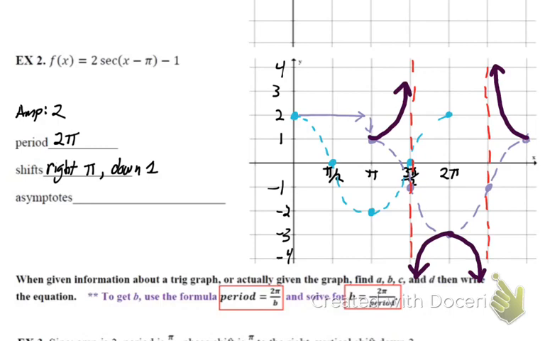So I'm just going to draw one here. And that's going to go up there. Or if you look at it, these are exactly pi units apart.